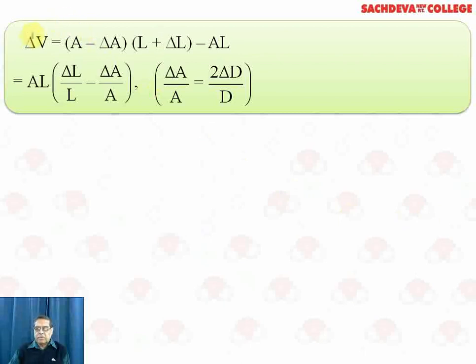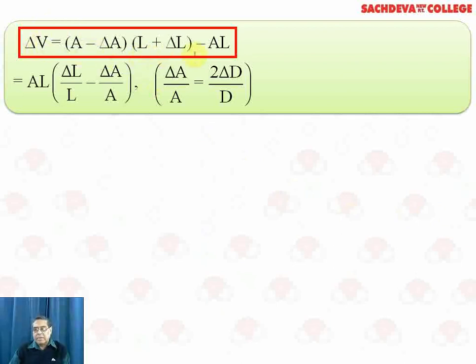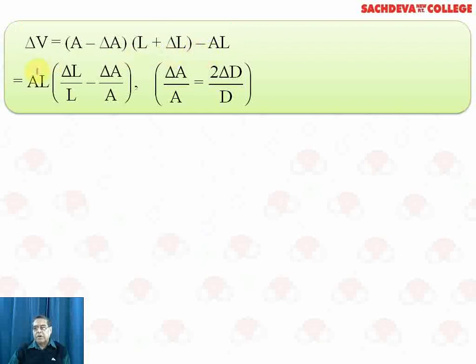So this is what I suggested earlier. Delta V is equal to (A minus delta A) into (L plus delta L), and from the total we subtract AL. The product AL is basically the volume. So (A minus delta A) and (L plus delta L) gives the volume, and from this volume we subtract AL.